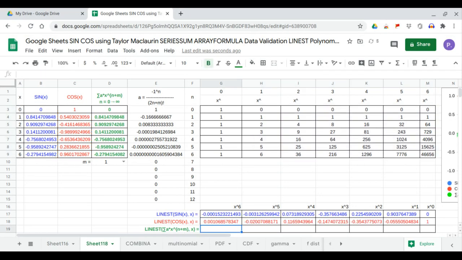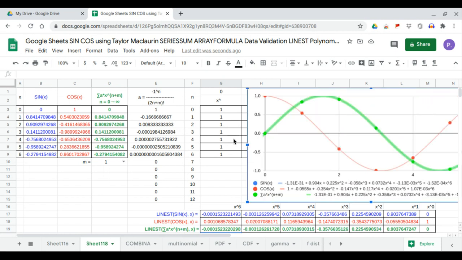And here we have the regression coefficients of the cosine function. Now the expansion. So LINEST data y and data x. The regression coefficients of the Taylor Maclaurin SERIESSUM expansion.